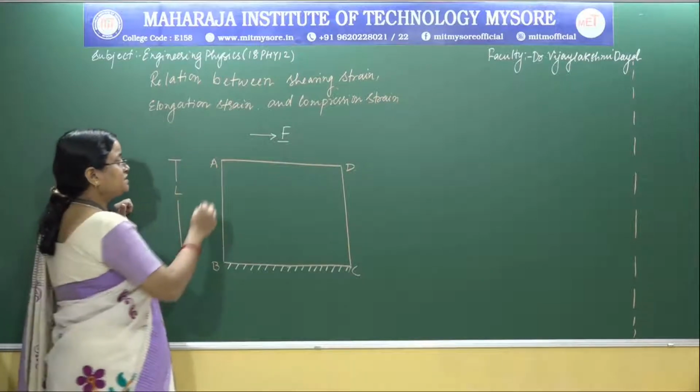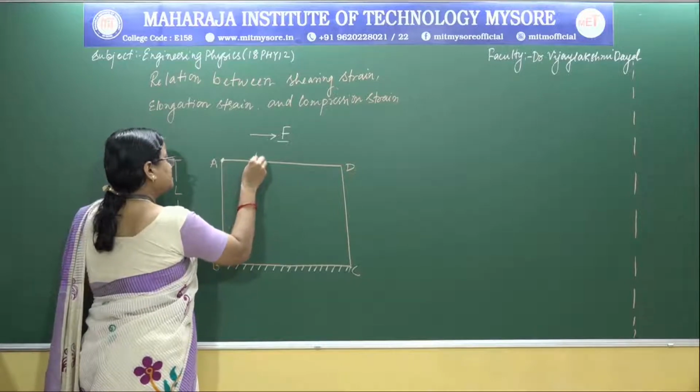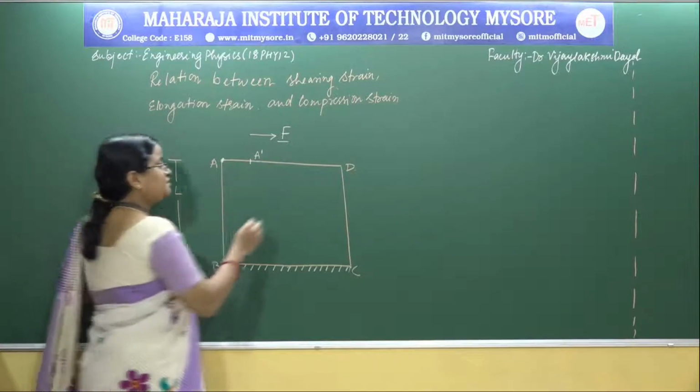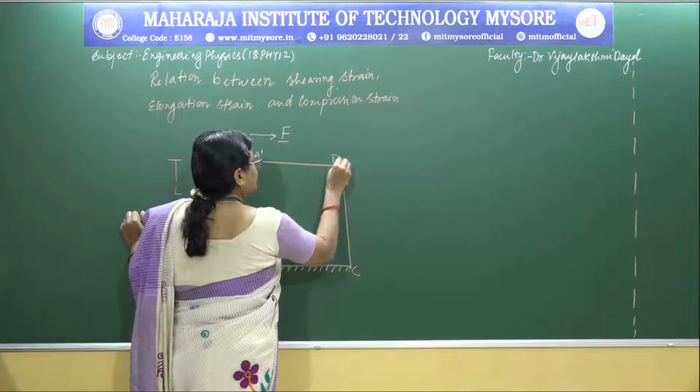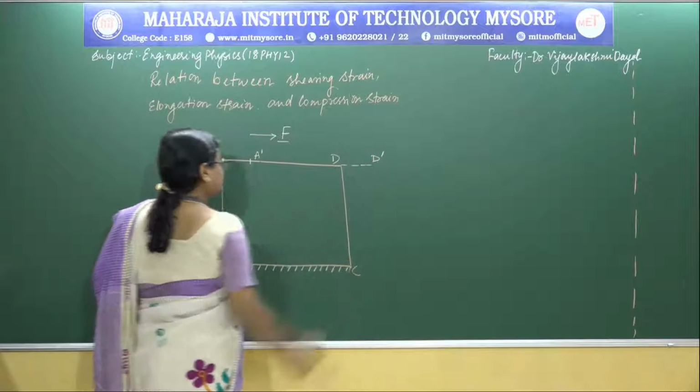So, now what we understand is that the position A shifts to A dash and D shifts to D dash.